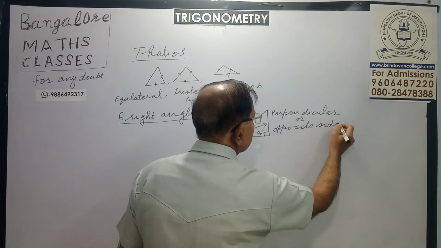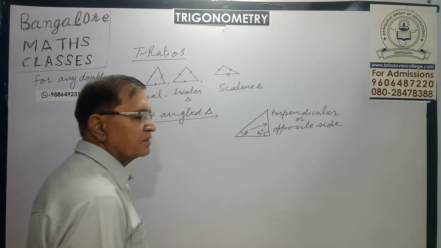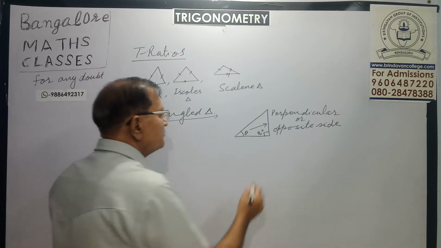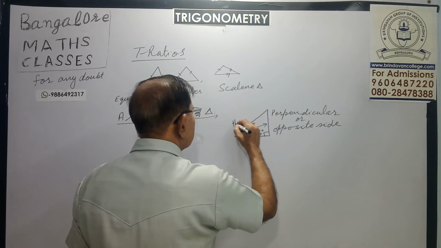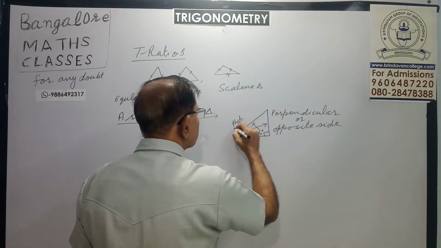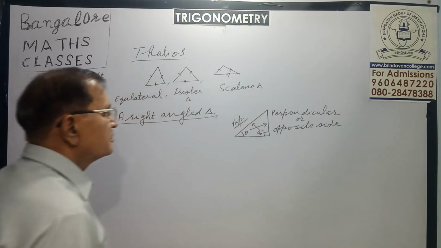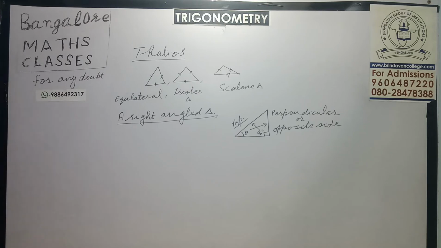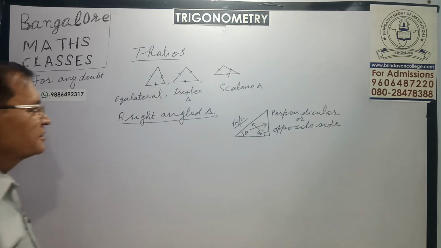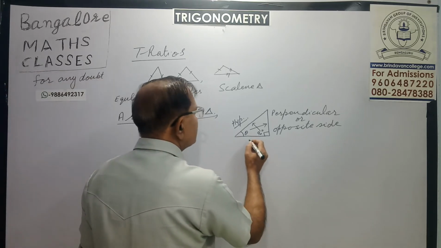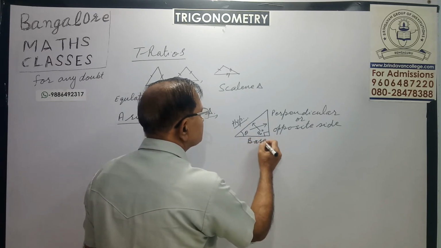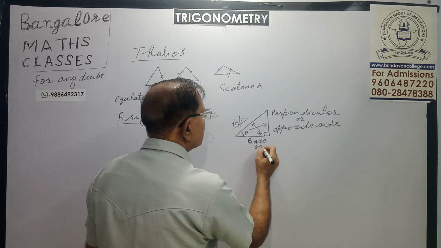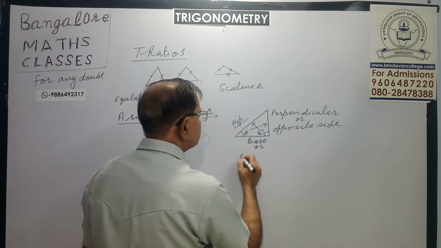Side facing 90 degree, call it as hypotenuse. And the third side is called base or adjacent side.